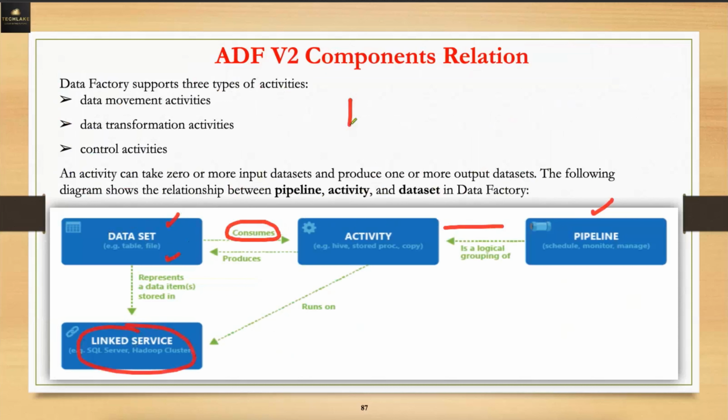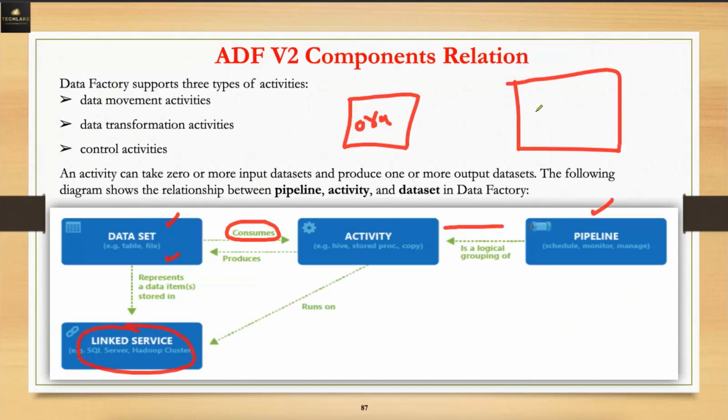Consider we are extracting data from on-premises, consider Oracle. And the target is cloud, where we'll store data in the data lake, ADLS. So the target is ADLS. This ETL tool connects and collects the data, applies transformations, and loads data into the target.